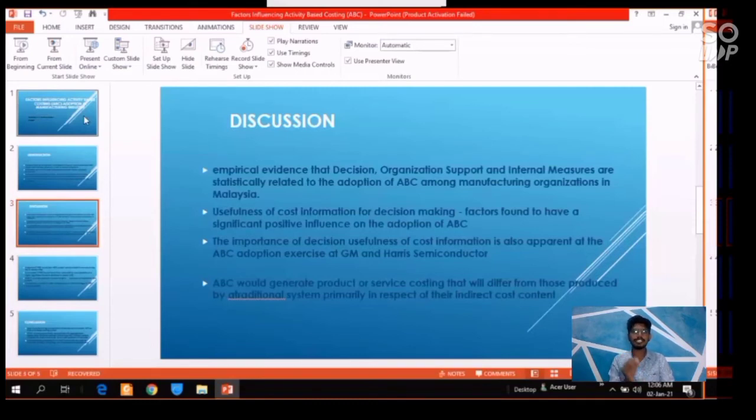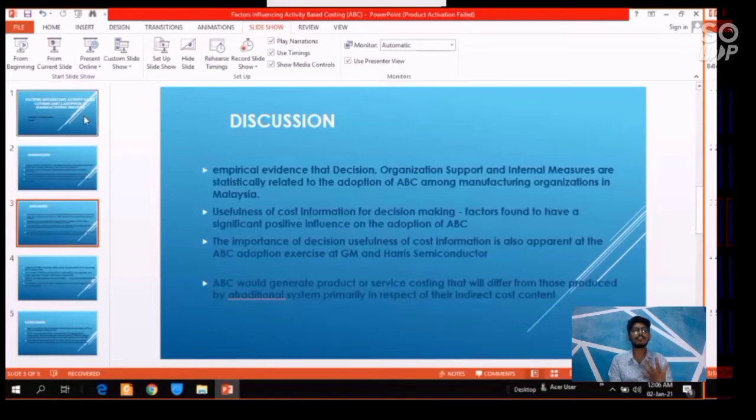ABC would generate product or service costing that will differ from those produced by a traditional system, primarily in respect of their indirect cost content, where the element of cost is material and where the traditional methods of overhead costing do not capture resource consumption.